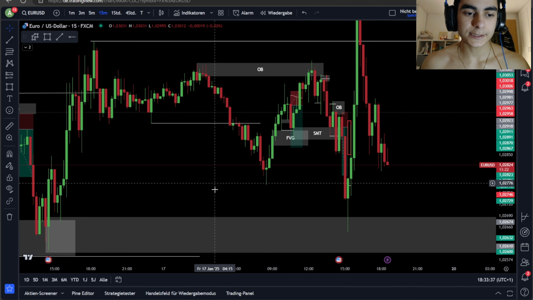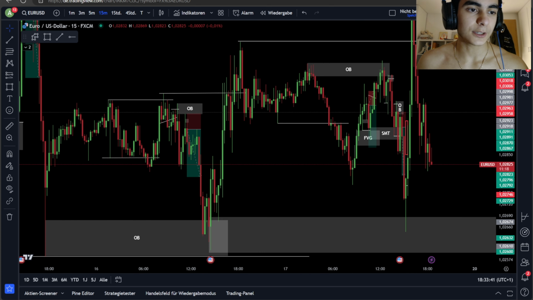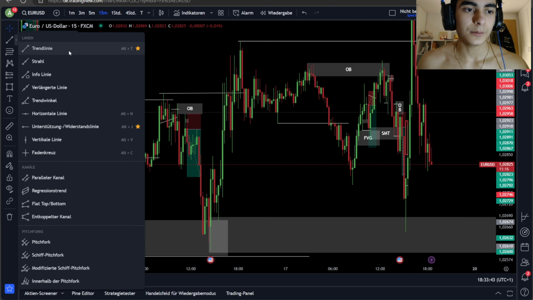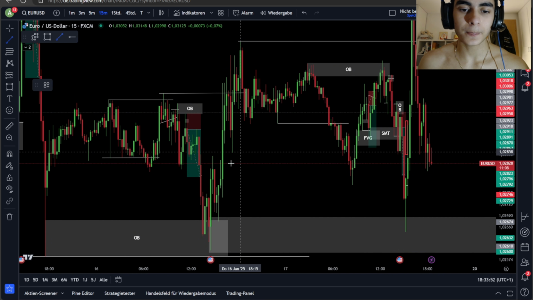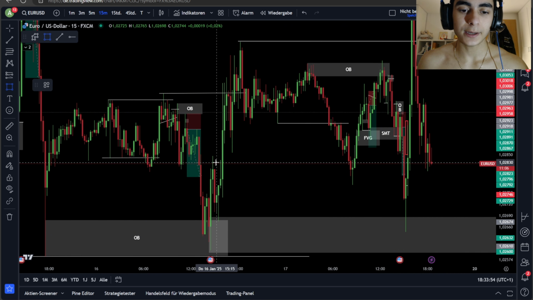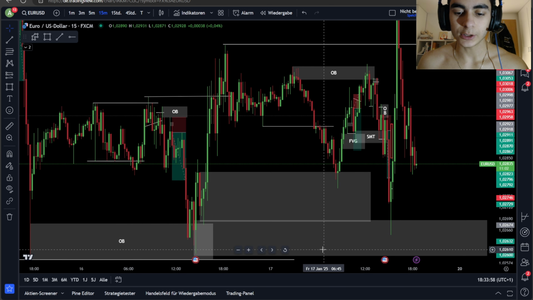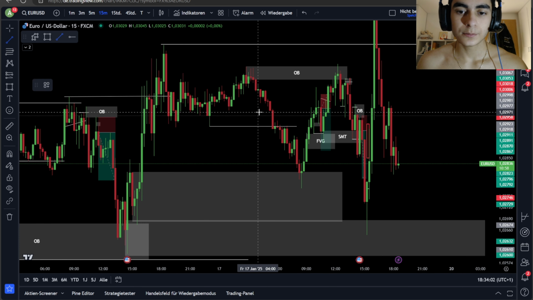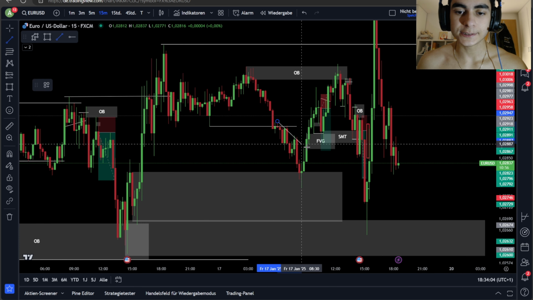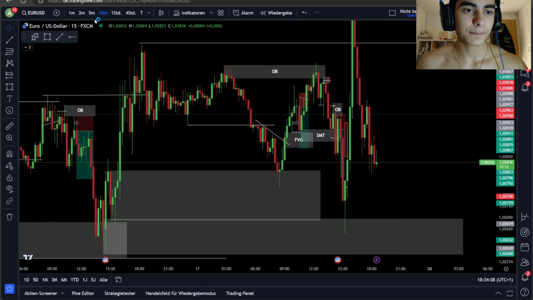When London session begins, I thought, okay, we've taken out, this was Asia session. So we came back into this order block and we have taken all of this out, this little trend line, liquidity taken out.